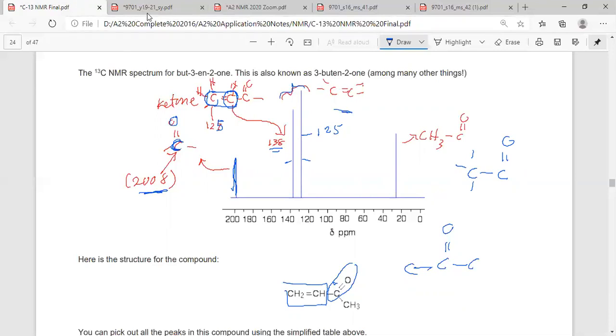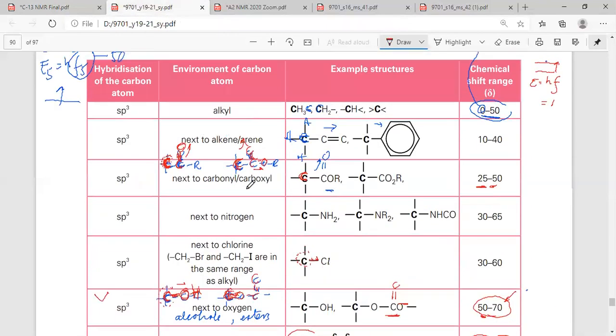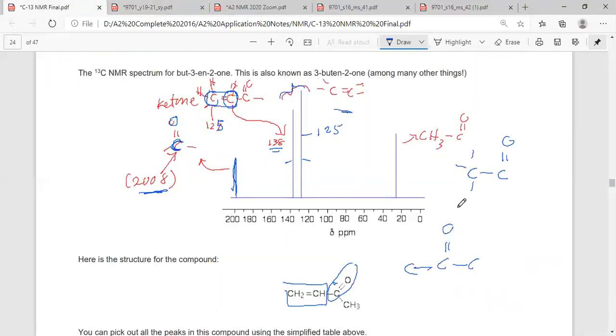You can check it from your table: a CH3 attached to a C double bond O is 25 to 50. Here it's 25, just nice, for this carbon here.